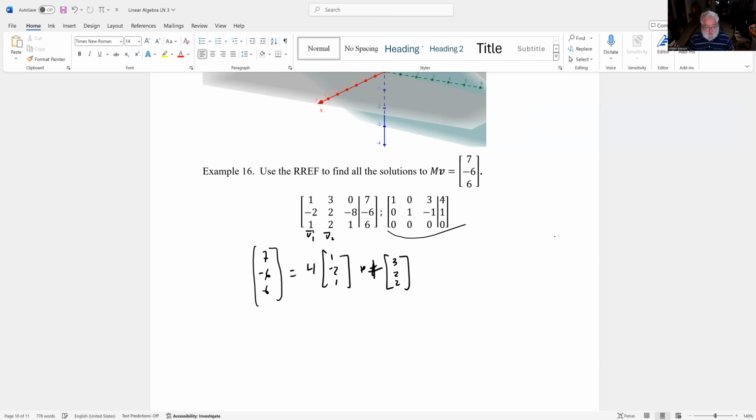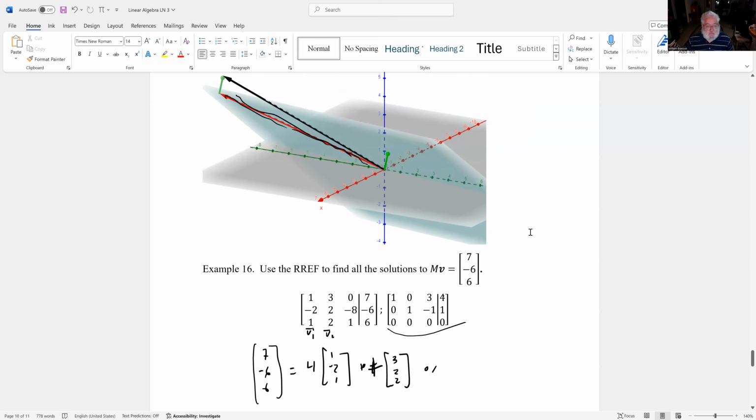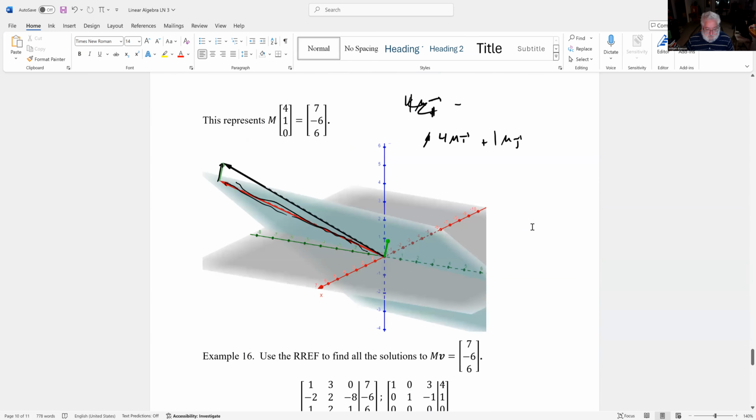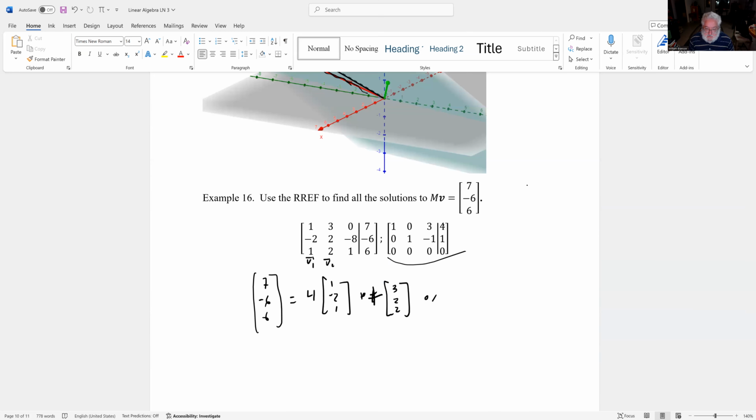Or if we call this W, W equals 4 times V1 plus V2.